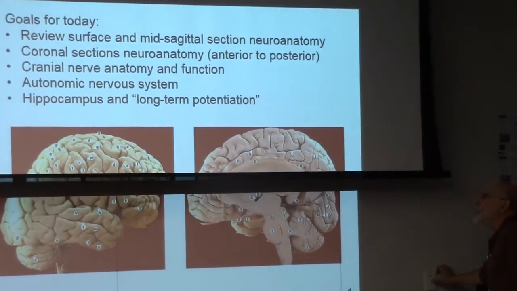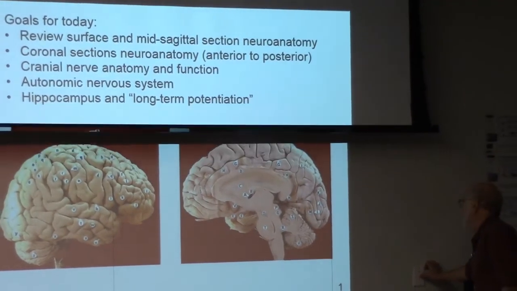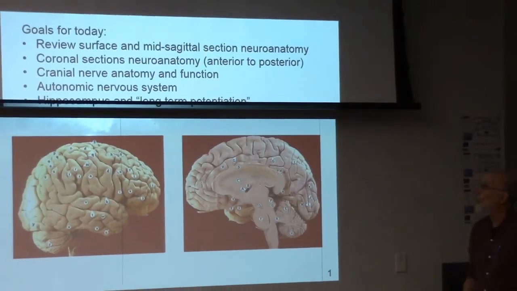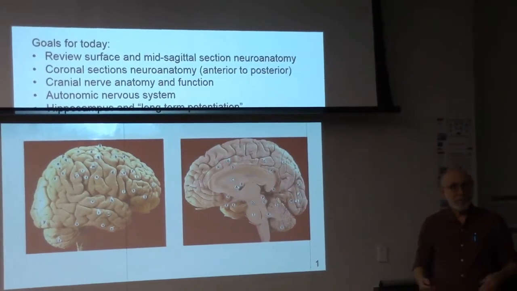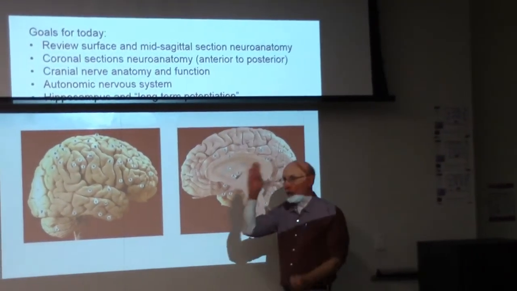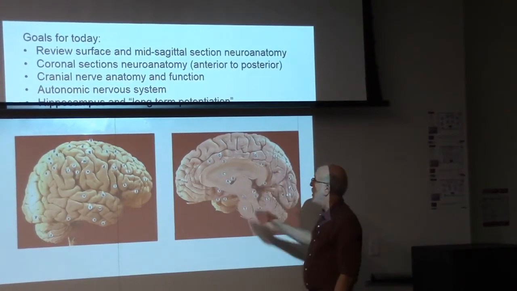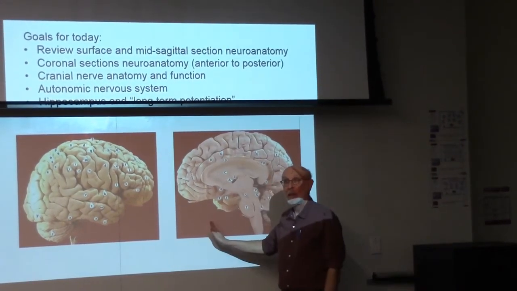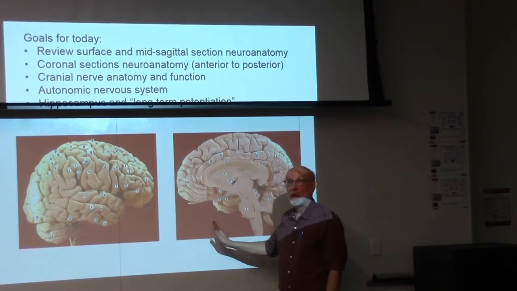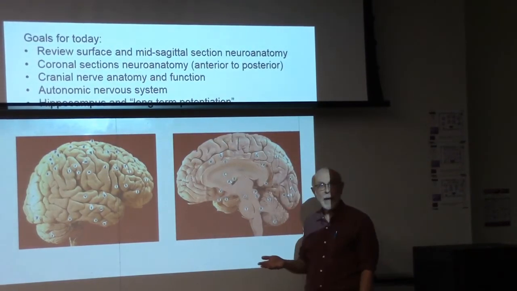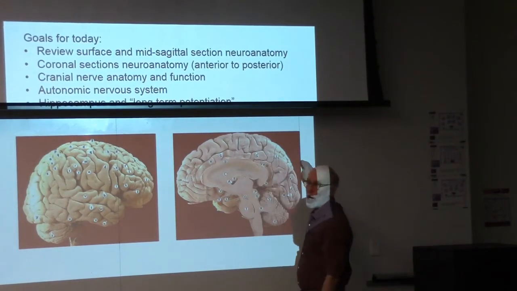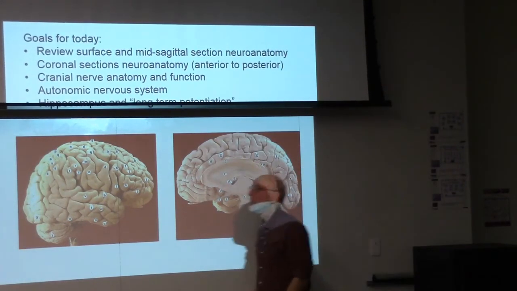And then we're going to turn our attention to a different section, to coronal neuroanatomy. So this is slicing sagittally and midline, and we could move laterally, but we can also cut coronally and look at the brain in the other dimension. Those are the two slice dimensions that I am asking you to learn neuroanatomy from. We're not going to do horizontal sections.